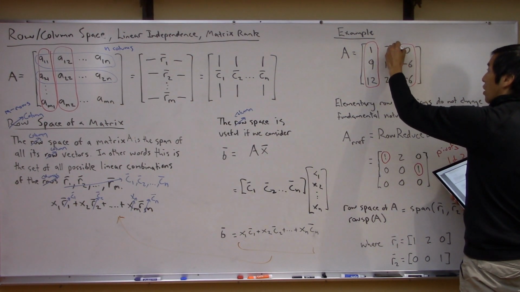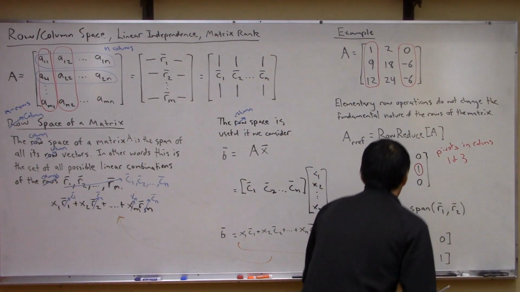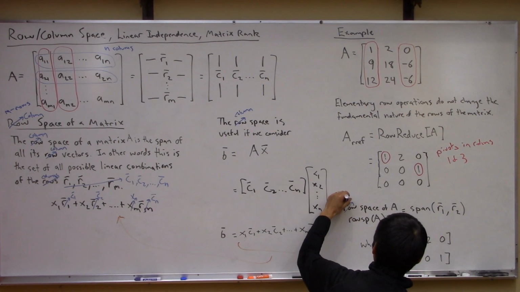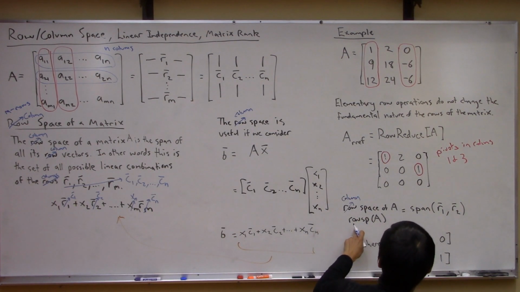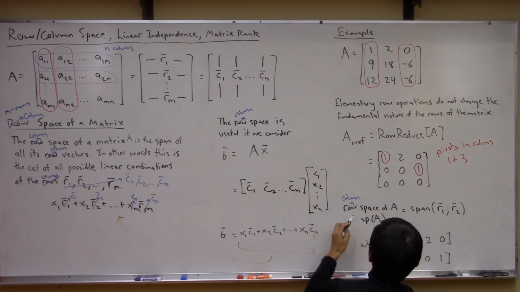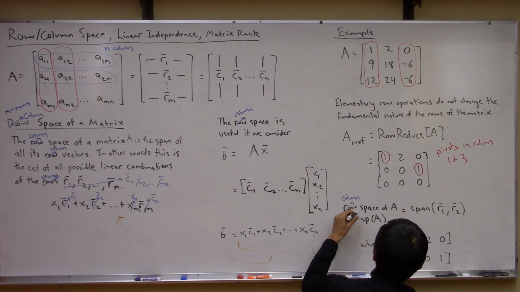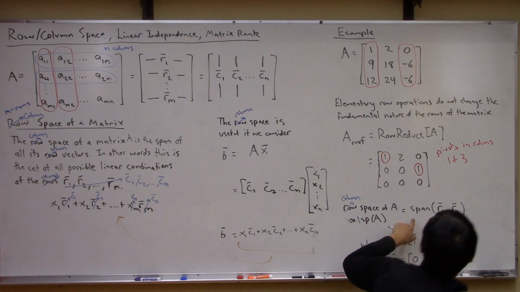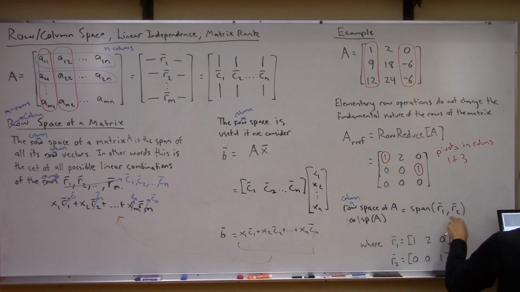In other words, the column space of this matrix, so again, let's change this word here from row to column. The column space of A, which might also be written as col space of A, is the span of these two vectors. I'm going to give them a different name.